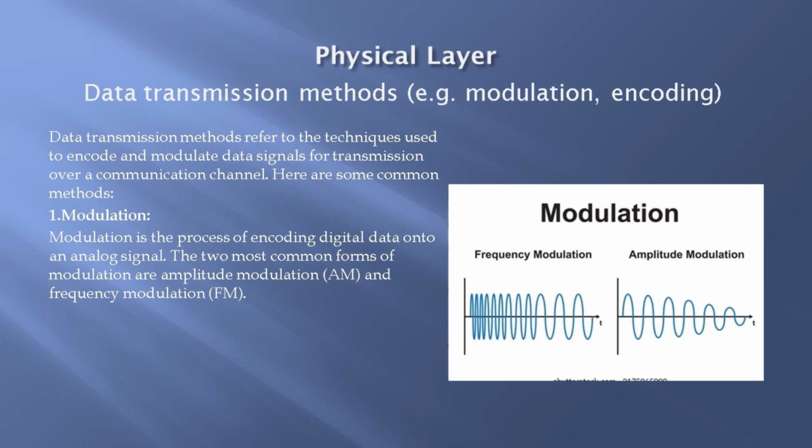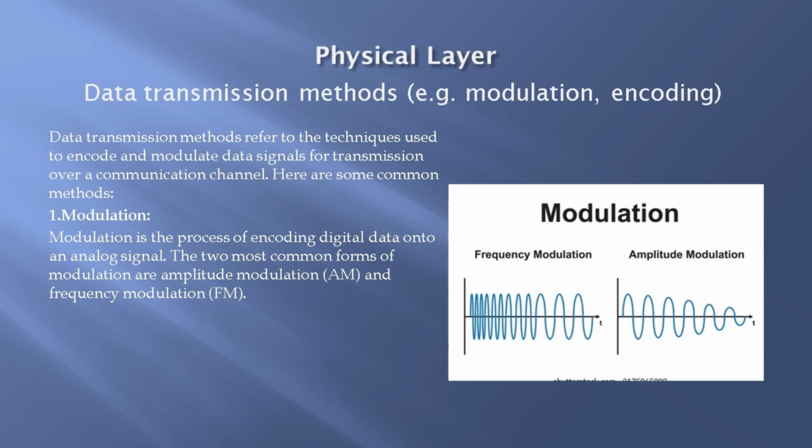Data transmission methods refer to the techniques used to encode and modulate data signals for transmission over a communication channel. Here are some common methods. 1. Modulation. Modulation is the process of encoding digital data onto an analog signal.